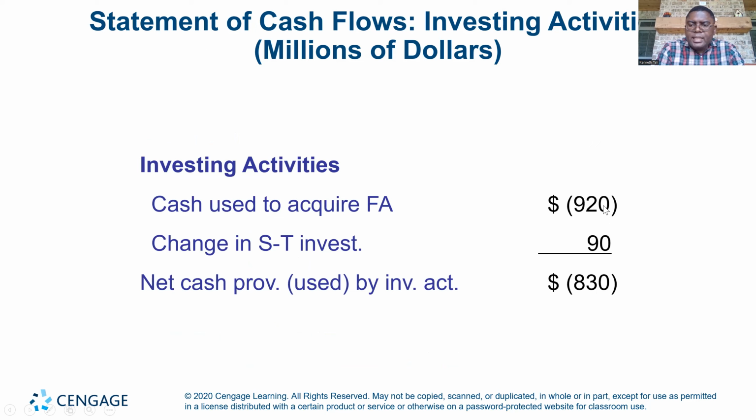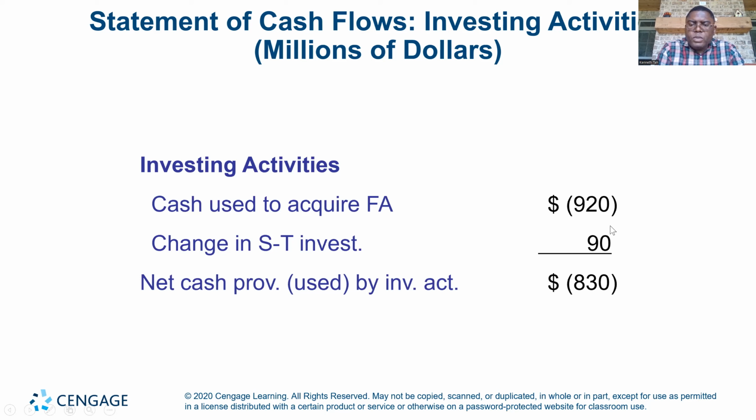For 2019, it is negative 920 million. So a lot of money is going out to buy fixed assets. Then we need to take into consideration change in short-term investment. So change in short-term investment is 90 million.